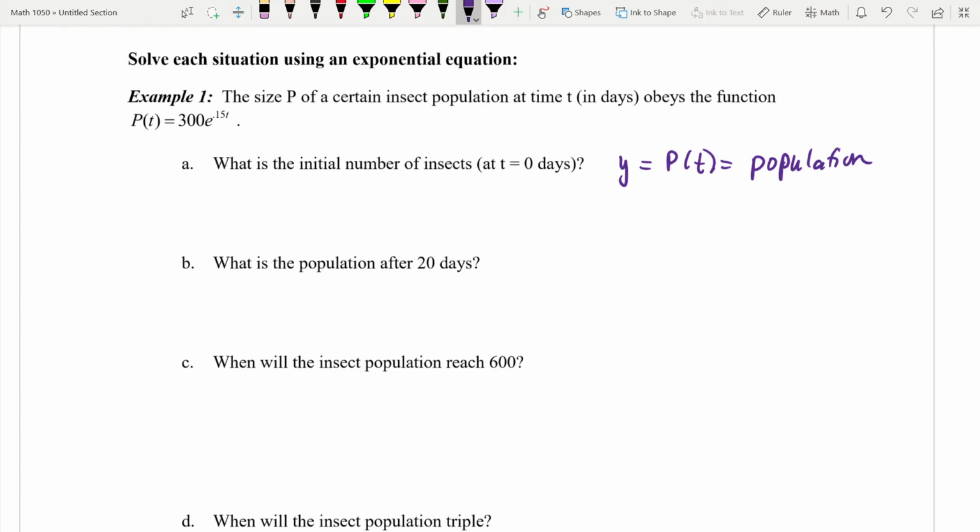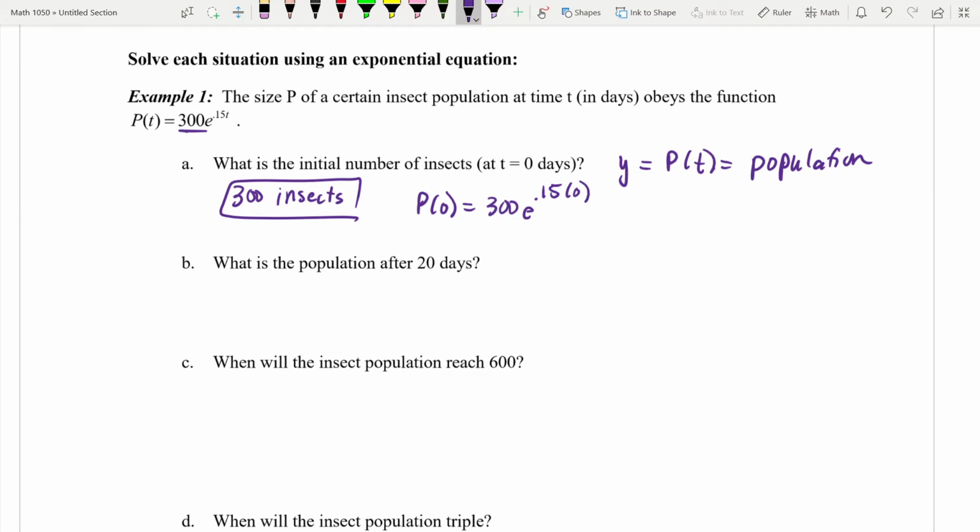What is the initial number of insects? That's when 0 days have passed. Well, guys, you can look at the formula and see the initial amount. The initial amount is right there. So that would be 300 insects, okay? You can literally just do that and you're totally good. I do want you to write this down, though. Everybody go P of 0 is equal to 300 e to the 0.15 times 0.